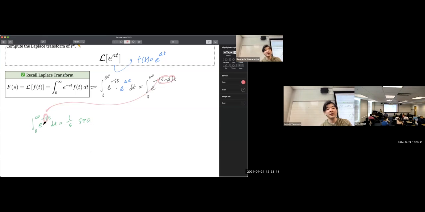So anytime I had e to the negative st, the Laplace transform of 1 was equal to just 1 over s.